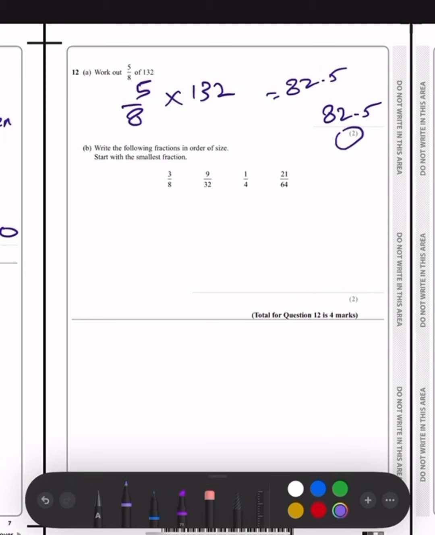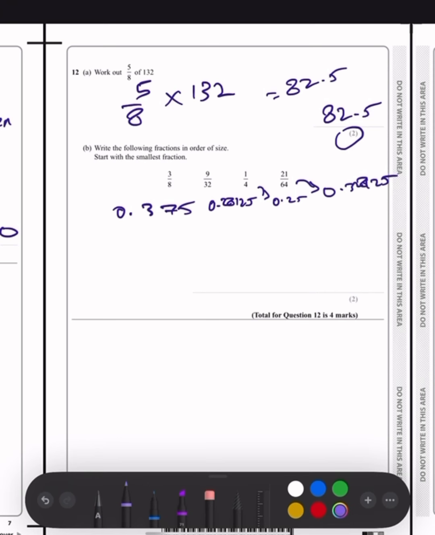Here I'm doing decimals. So for 3 over 8 I got 0.375. For 9 over 32 I got 0.28125. For 1 over 4 I got 0.25. And for 21 over 64 I got 0.328125. So basically now we can clearly see which one is smaller and which one's bigger.